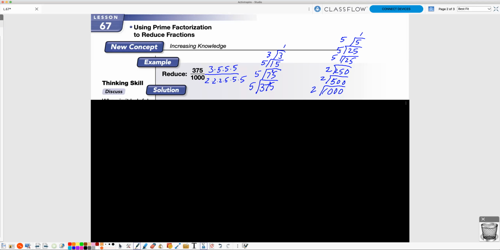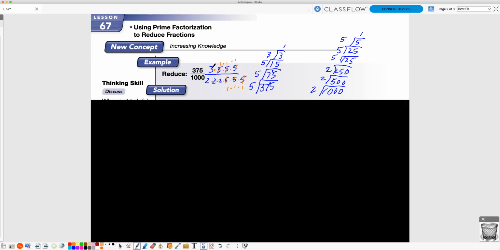I'm going to cancel each of these. This 5 cancels that one out, so that's 1 over 1. This is 1 over 1. This 5 cancels this 5 out, so that's 1. All that you have left is the 3, so what you have here is 3 times 1 times 1 times 1 in the numerator, and 2 times 2 times 2 times 1 times 1 times 1 in the denominator.